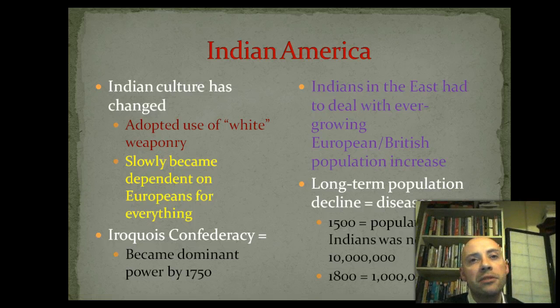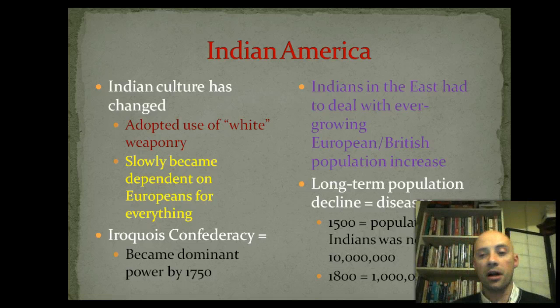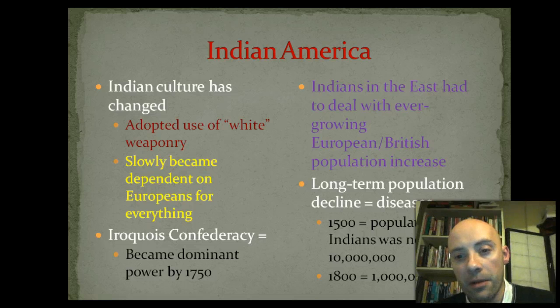And in no way is this more emphasized than in the Indian use of white weaponry, guns and muskets and horses. So the Indians initially would not have fought on horseback. They would have fought on foot using stone or wood or perhaps some metal, but not many weapons.